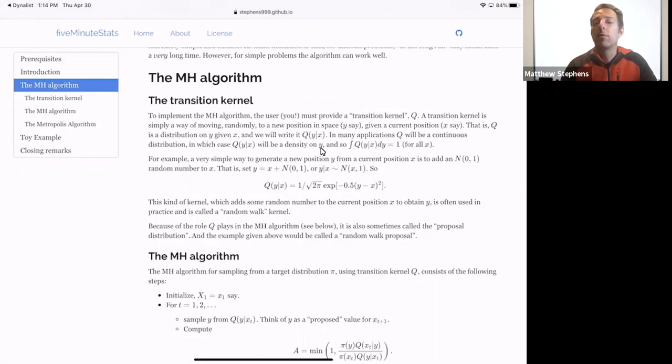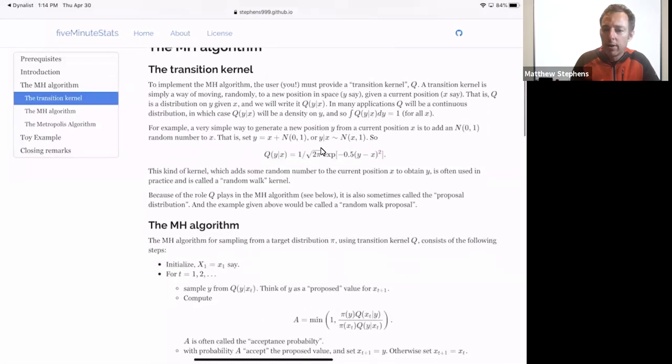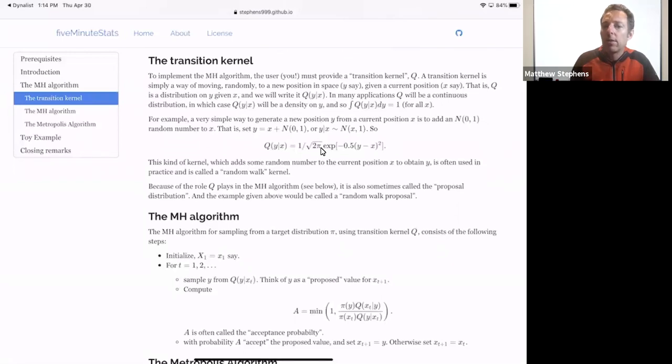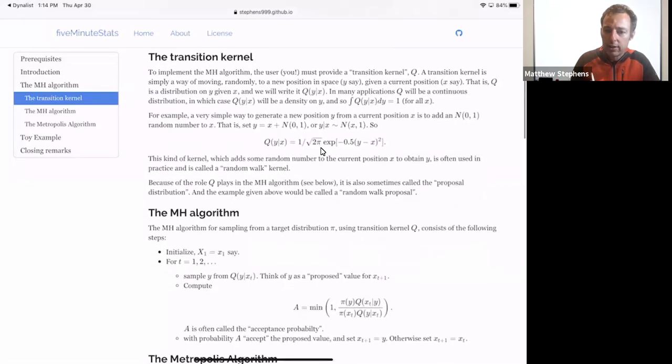So think of a Markov chain living on the real line, and so our Q has to be a way of moving around the real line. As I've said, we can use this Q: if you're currently at X, add a normal(0, 1) to X, and that gives you a new value Y. We could write the kernel explicitly in terms of the transition density, the normal probability density function.